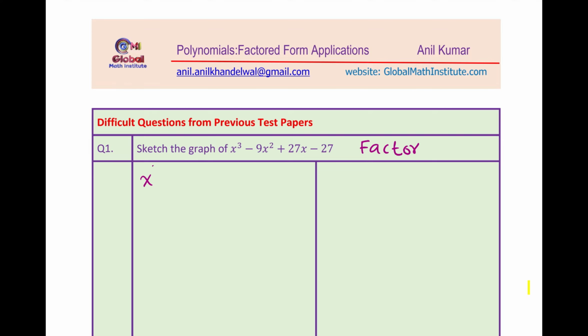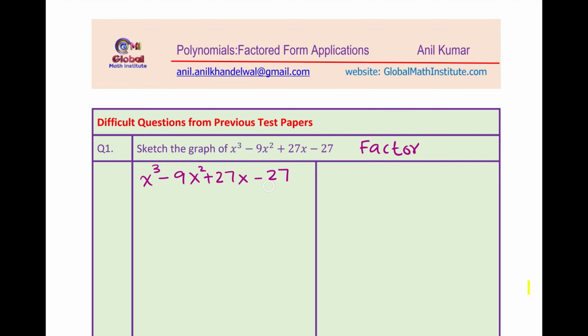Now, we see that x cubed is given to us and 27 is the cube of 3. They can be combined. That's the whole idea.